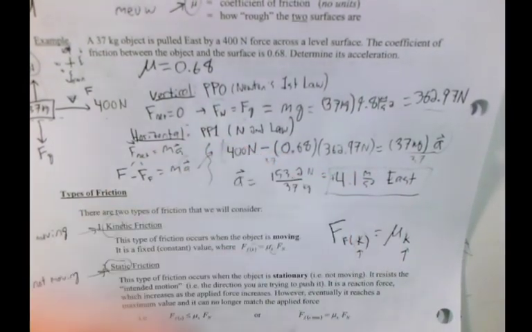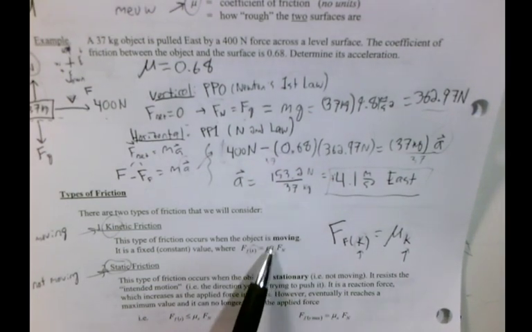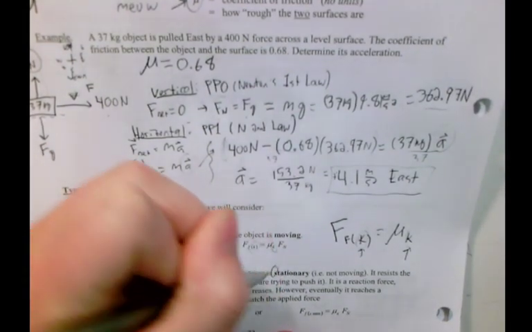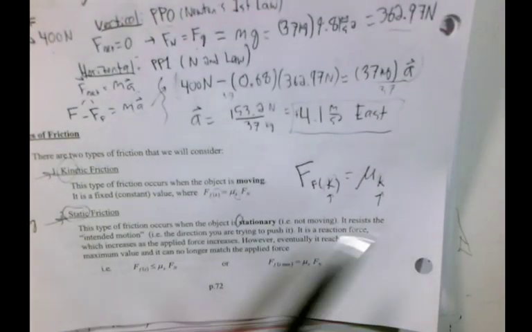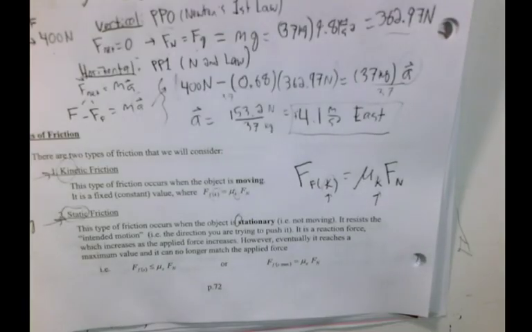So we're going to have different values for coefficient of friction depending on whether the object is moving or it's stationary. Right? Stationary starts with an S, static starts with an S. There's a good way for you to keep it straight as well. All right, so kinetic friction, we use coefficient of kinetic friction.